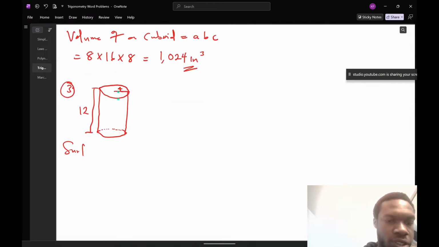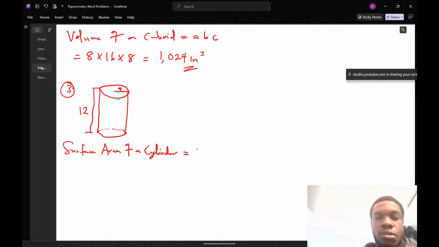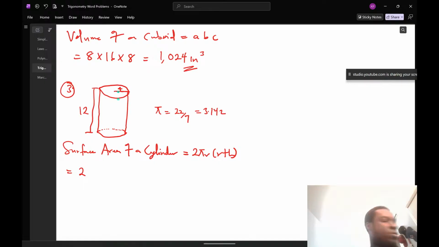The surface area of a cylinder is equal to 2 pi r into r plus h. The total surface area of a cylinder is equal to 2 pi r into r plus h. Pi is 22 over 7, which is the same thing as 3.142.